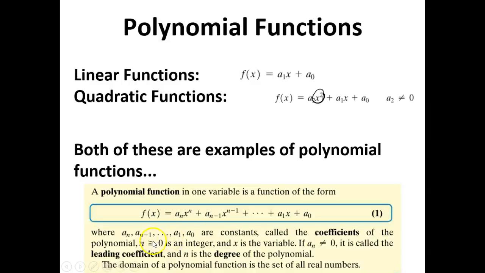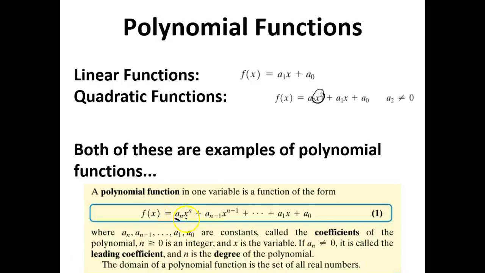n is greater than or equal to 0 and is an integer, so all the powers have to be numbers that you could count up to on your fingers, whole positive numbers, and x is the variable. If a sub n, meaning this right here, does not equal 0, it's called the leading coefficient.